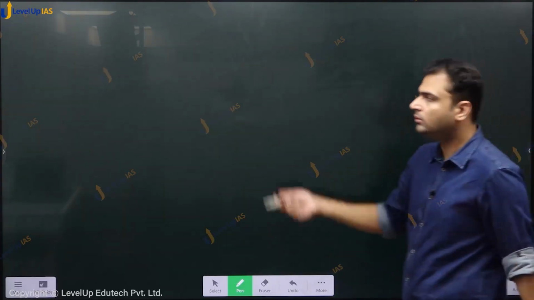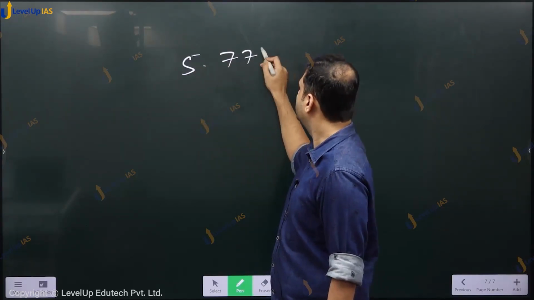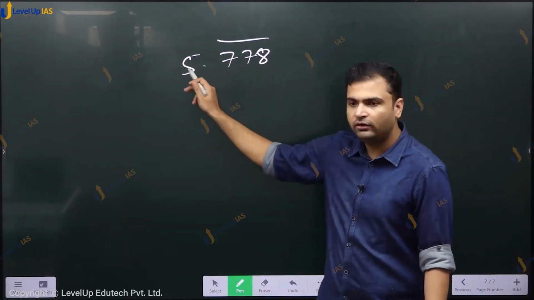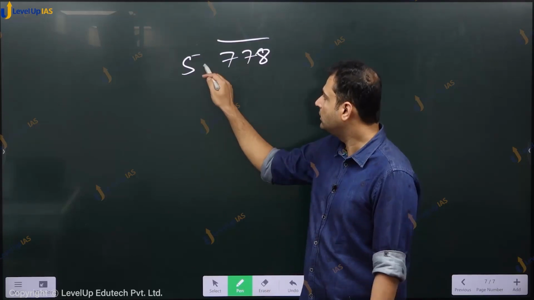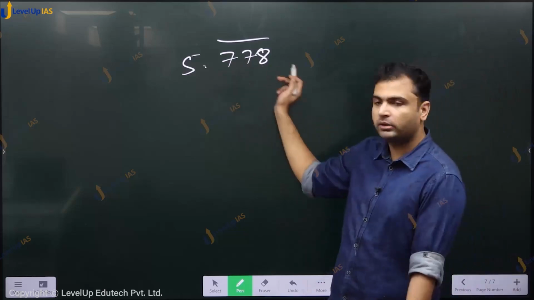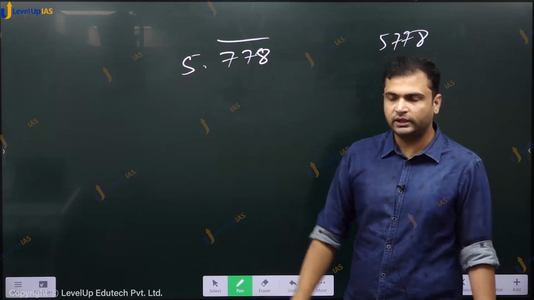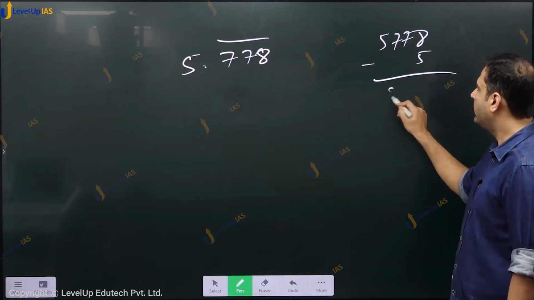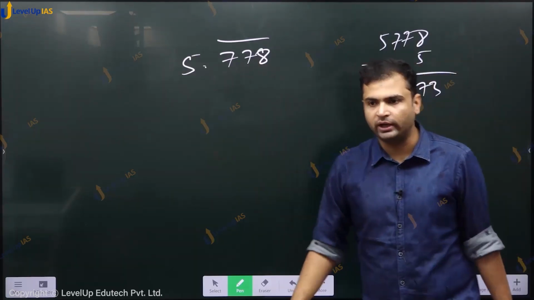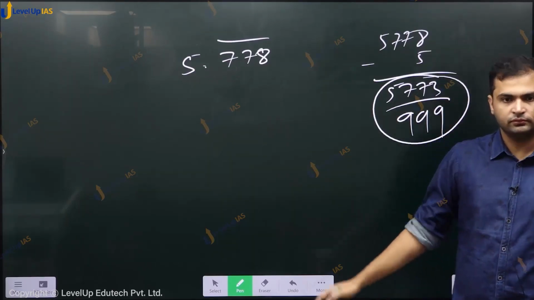If I have something like, let us say, 5.778 and it is repeating, so I have a non-zero integral part, and repetition starts immediately after the decimal point. यहाँ पे वर्किंग रूल क्या होगा कि मैं पूरा नंबर ले लेता हूं, पूरा नंबर मतलब 5778, then I subtract the integral part from it, I get 5773, and जितने भी बार डिजिट रिपीट हो रहा है, that many nines I divide by. That would be the answer for this.